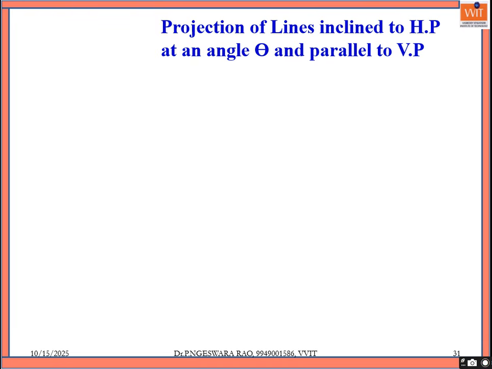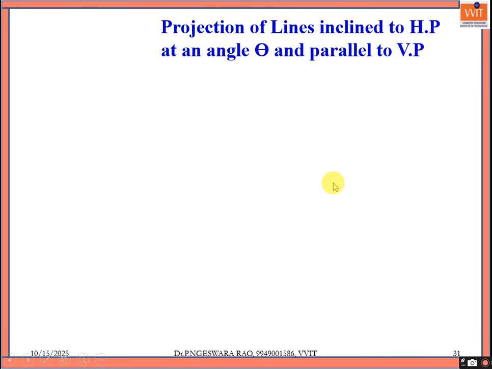Please remember, whenever both ends of the line are at different distances from the HP, for example if one end A is 20 mm above HP and the other end B is 50 mm above HP, then surely the line must be inclined to the horizontal plane.